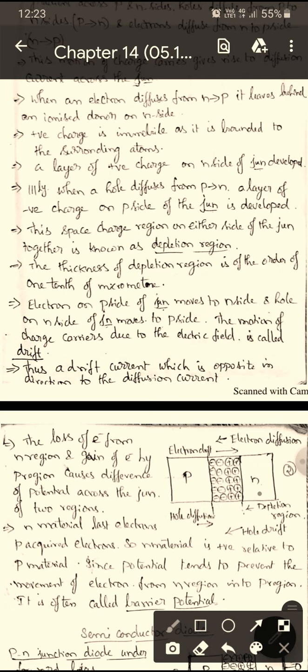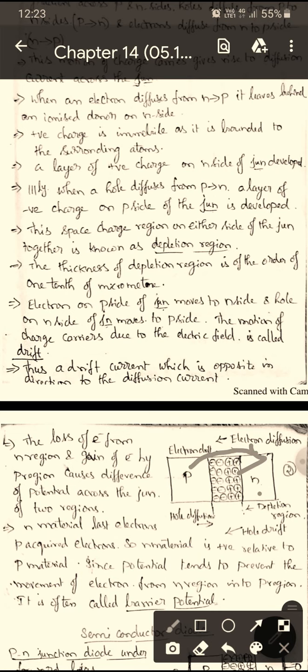Similarly, when a hole diffuses from p to n, the hole is moving from p to n, and what remains is negative. So a layer of negative charges is created on the side of the p-type semiconductor.